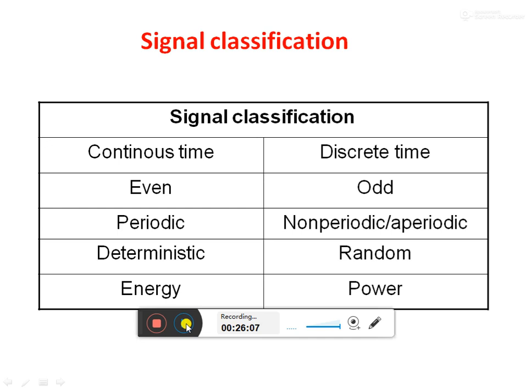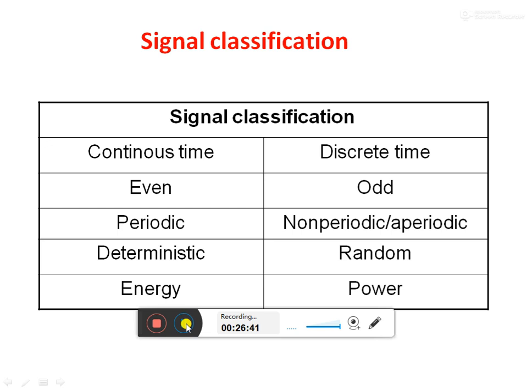So sampling is a technique used to convert a continuous time signal into a discrete form. We are converting a continuous time signal into the discrete form using the sampling process, where the variable t is replaced with the variable n into capital T, where capital T is considered as the standard time period or the fundamental time period of the signal, which is the reciprocal of the sampling frequency.